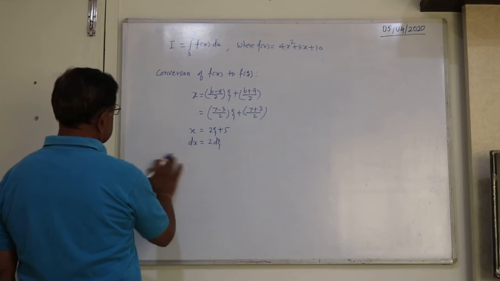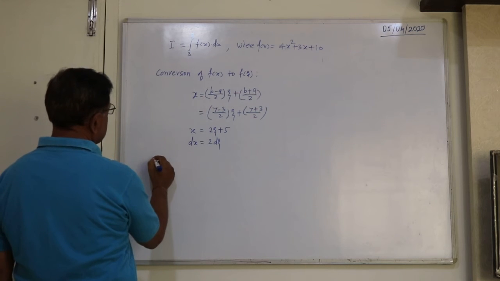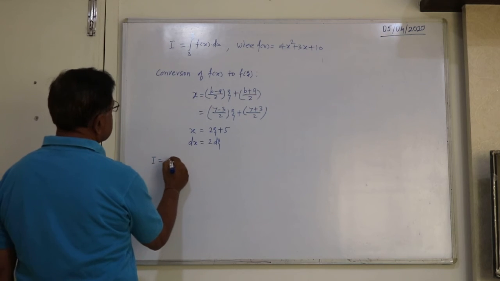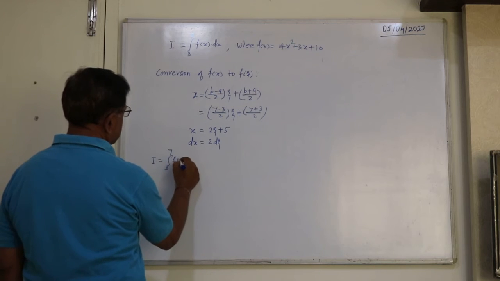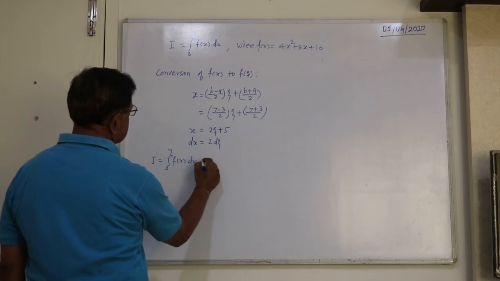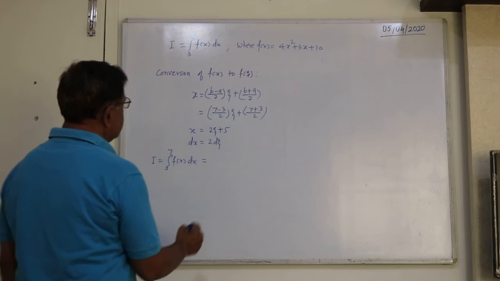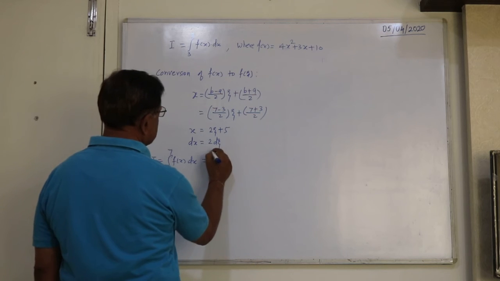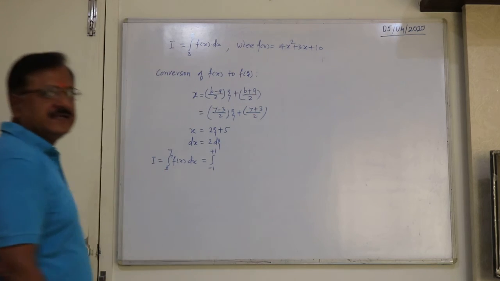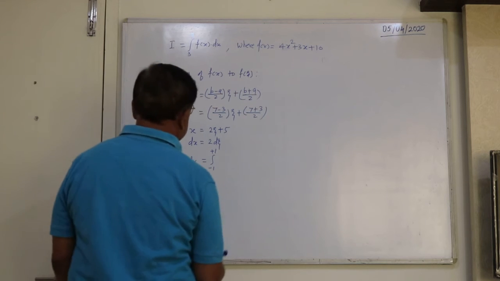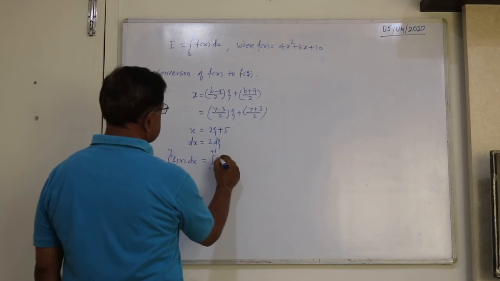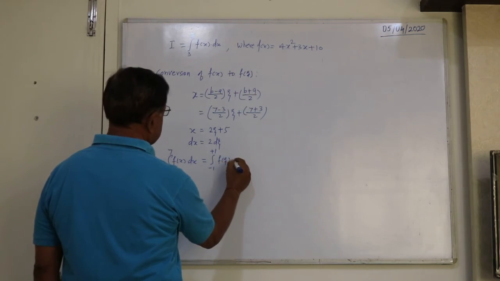So now let's write down the integration. I equal to integration 3 to 7 f(x) dx. Now this becomes integration minus 1 to plus 1, as per the Gaussian integration form, f of psi d psi.